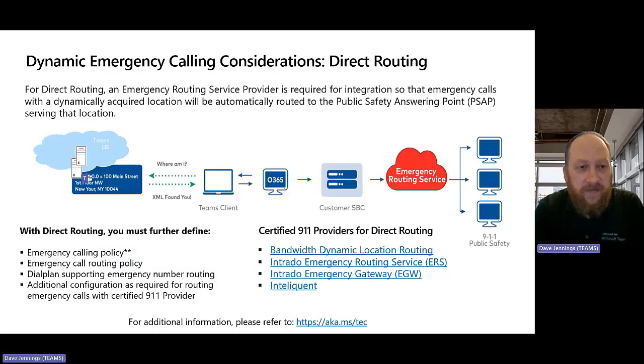For direct routing specifically, as a second consideration here, again, focus for emergency calling in this case, there is an additional consideration you'll have to account for in terms of emergency routing service, and it will have to be one of the three vendors here that you see shown. So again, the key here, unlike calling plans and operator connect, where this service is automatically provided for you, for direct routing specifically, this will be deployed as a separate trunk interface, usually within your SBC.